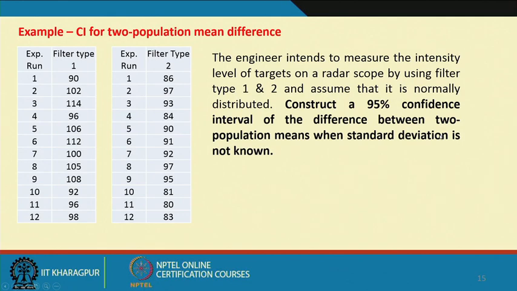Yes, the example is given, the same example, because here sigma1 and sigma2 are not known and the sample size is 12 per population, it is not a large sample either. What we will do is assume that the population variances are equal.